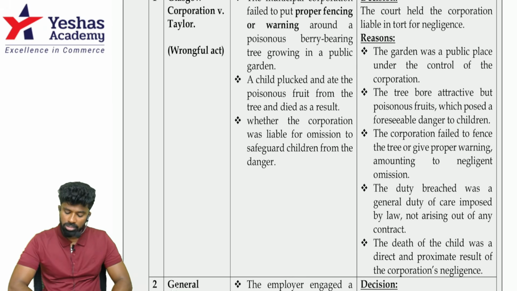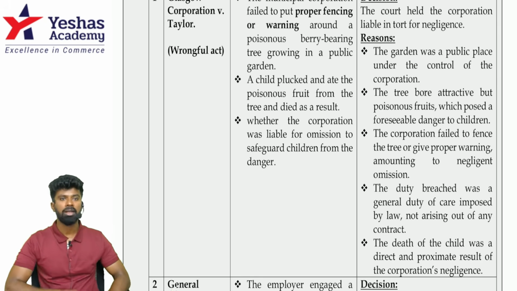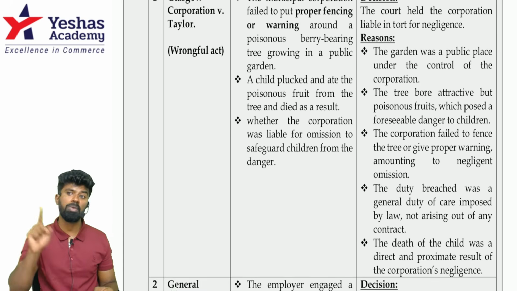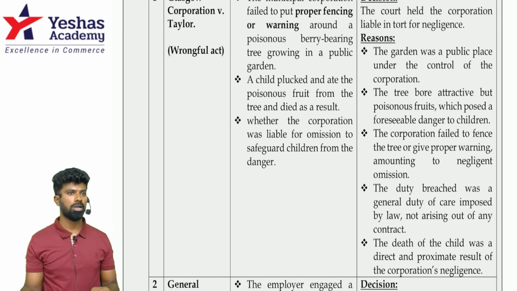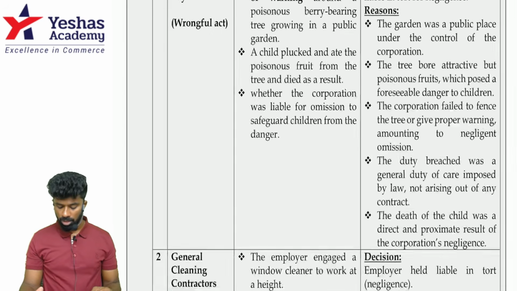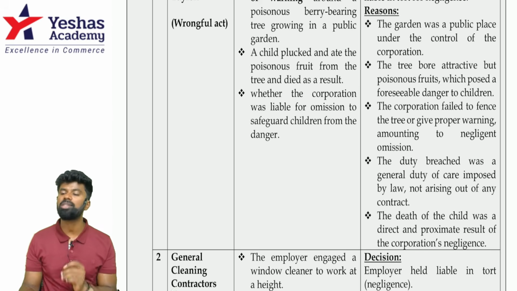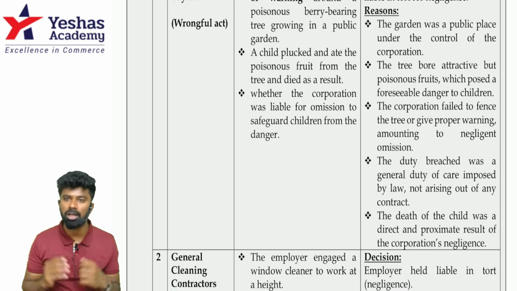Negligent omission. The duty breached was a general duty of care imposed by law, not arising out of any contract. If it is out of contract, tort law will not come into the picture here. Which will come into the picture? Contract Act. Yes or no? The death of the child was a direct and proximate result of the corporation's negligence. That is why she can recover the compensation.